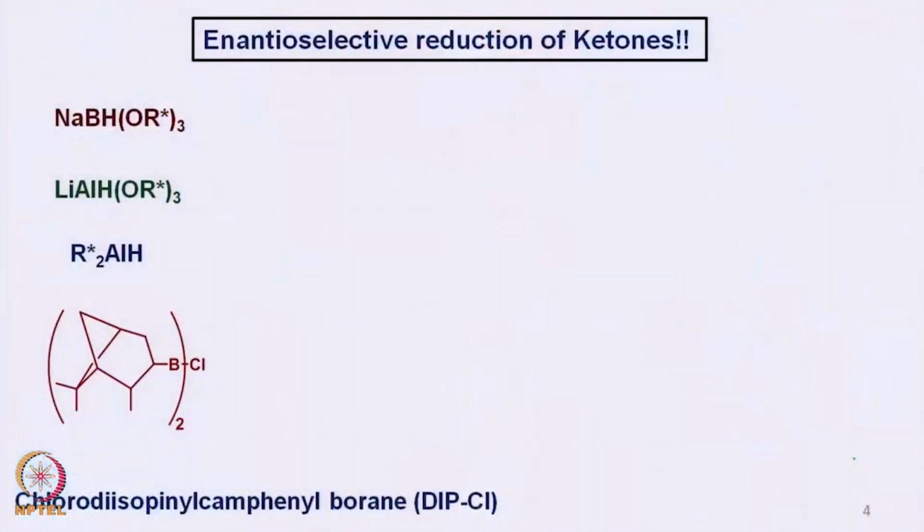If we look at various traditional methods of enantioselective reduction of ketones, what basically is done is to modify, say, sodium borohydride or lithium aluminum hydride or a diol into some sort of reducing agents in which we have a chiral ligand attached to it.